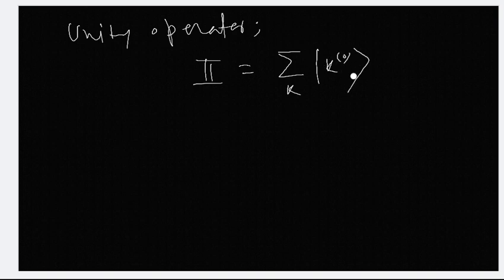The unity operator I is like summation over k of |k0⟩⟨k0|. This is the form of unity operator you find in the mathematical tools of quantum mechanics.